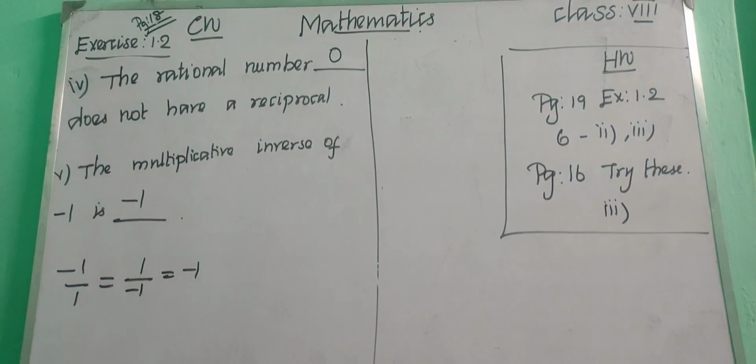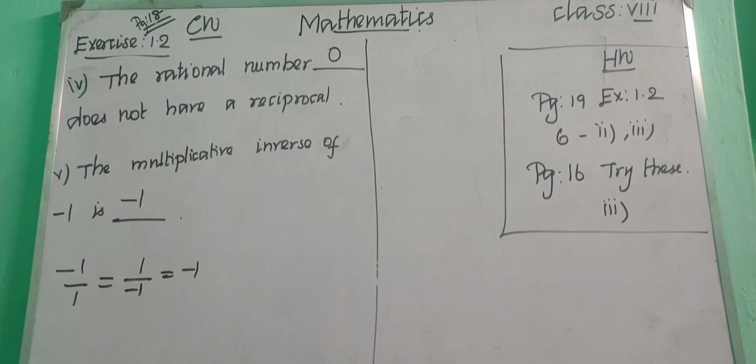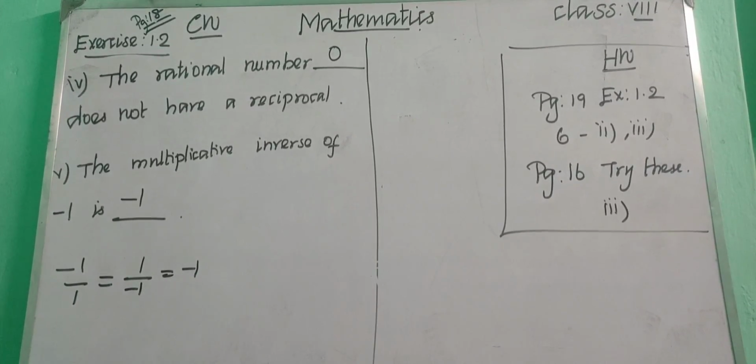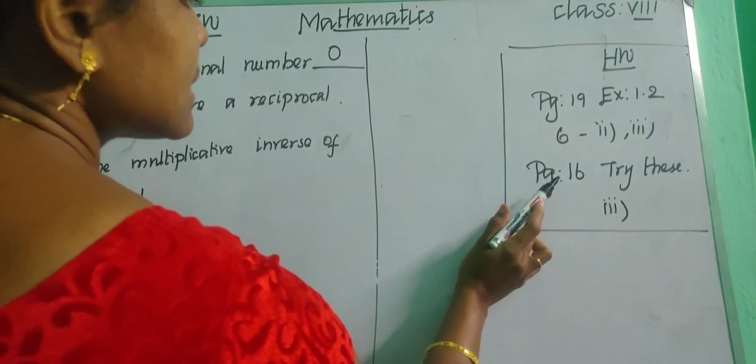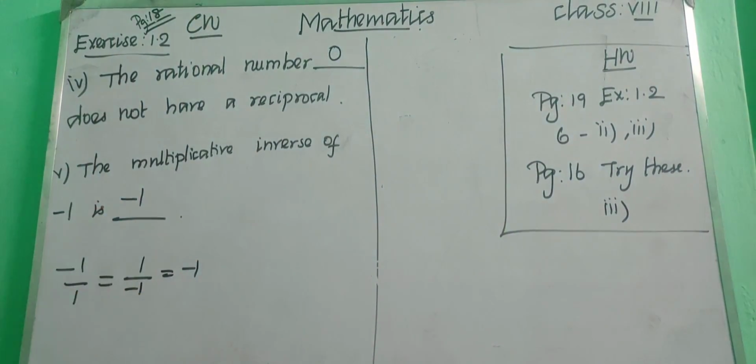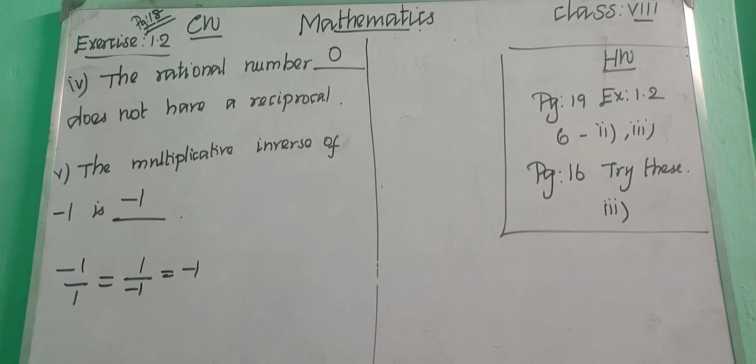Your homework is from page number 19, exercise 1.2. From the 6th sum, second and third is your homework. And from page number 16, try these, third is your homework. Do your homework properly, and after completing each sum, you need to draw a line using a scale and pencil, okay children. Thank you.